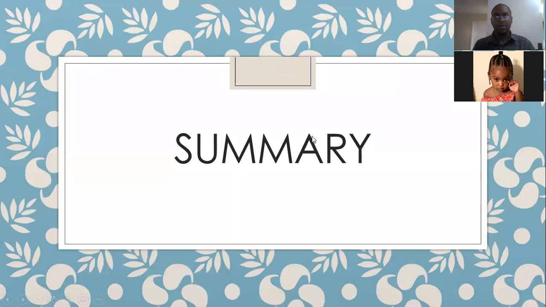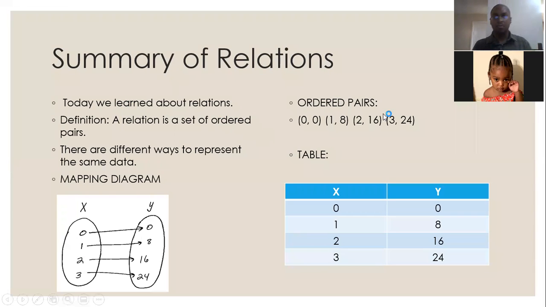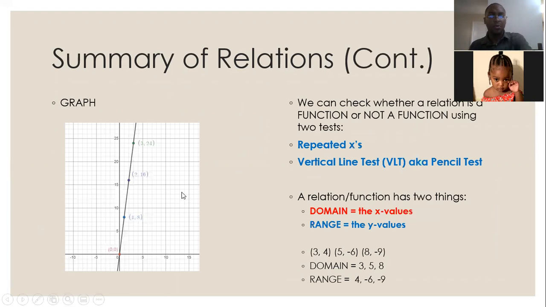All right, cool. I'm going to summarize. Today, we learned about what are called relations. What are relations? A set of ordered pairs. We learned about mapping diagrams, ordered pairs, tables, and graphs.